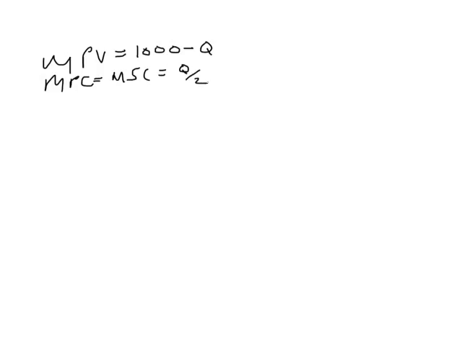In this situation, the marginal private value function is 1,000 minus Q. The marginal private cost function, which is equal to the marginal social cost function, is equal to Q over 2.